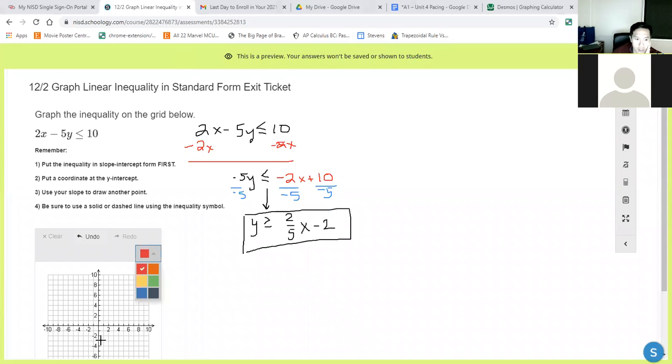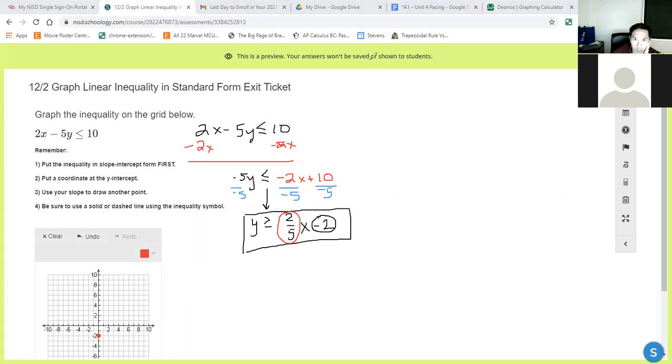So here you'll see that negative 2 is a clue that shows me what my y-intercept is. So here's negative 2. There's a dot right there. Then I'm going to take a look at my slope. It says 2 divided by 5.